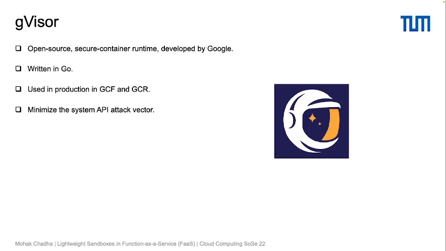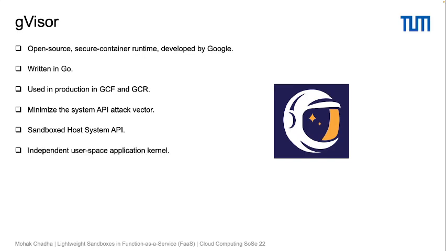So the essential principle behind developing gVisor was that they wanted to minimize the system API attack vector, right? So they wanted to minimize the system calls, essentially, that the container or the untrusted code which is running has access to. So what they do is they basically have a sandboxed host system API, right?